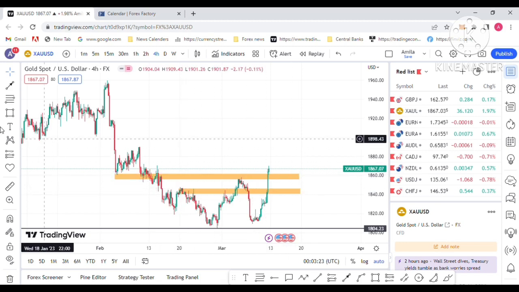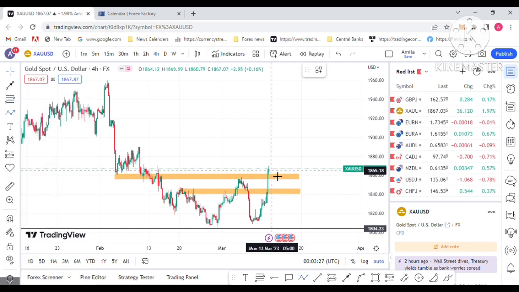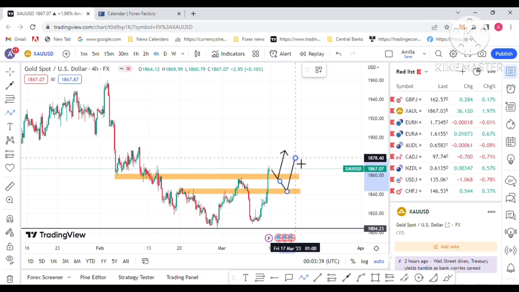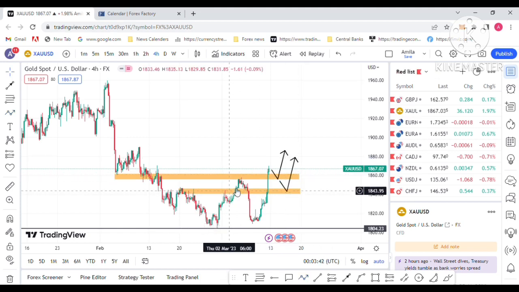I am forecasting that gold retraces to these two levels, and my first target is 1880. This is the second retracement level to buy gold, and the target is the 1880 level.